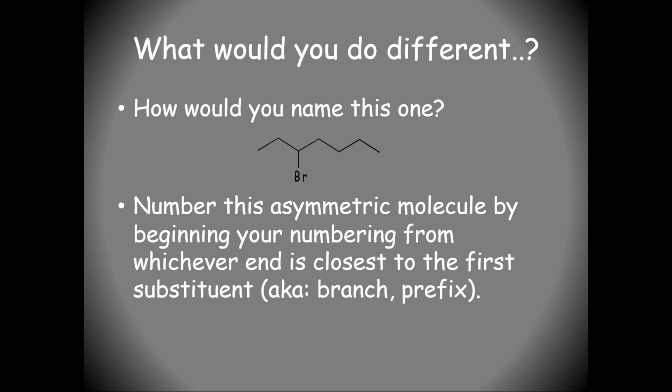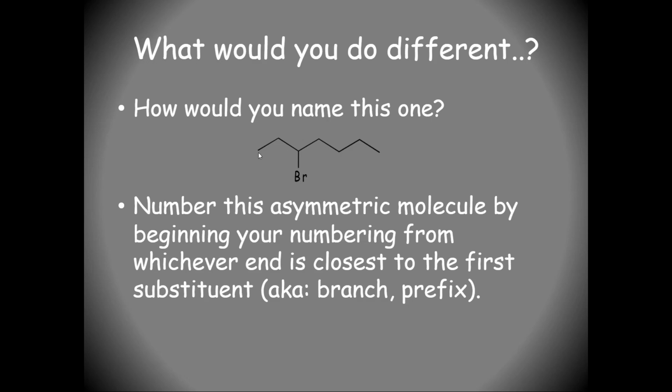This one, notice that it is asymmetrical. Since it's asymmetrical, we need to count in a way that makes sense, so that the prefix is closest to the start of our molecule.